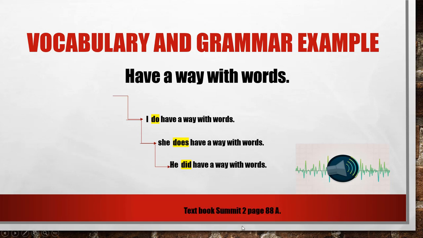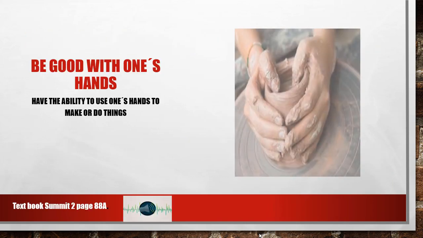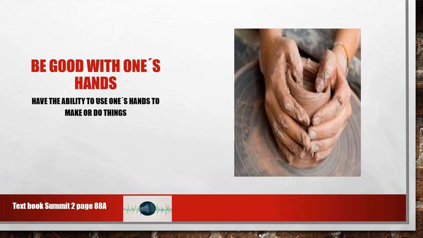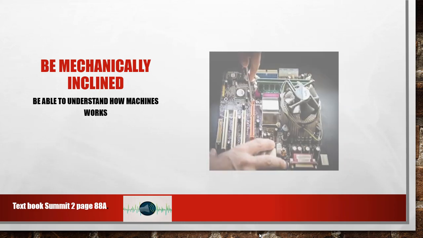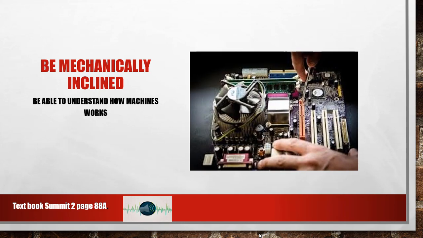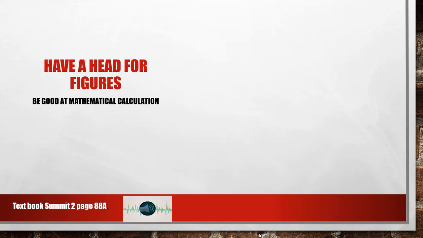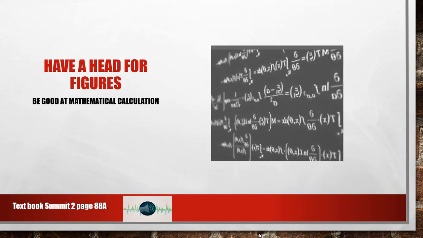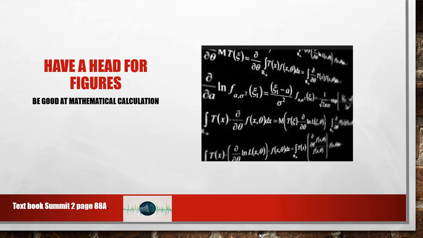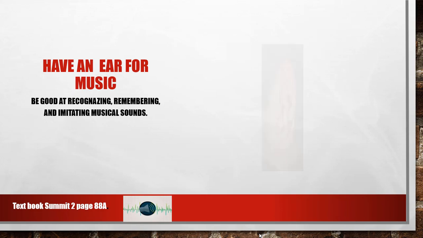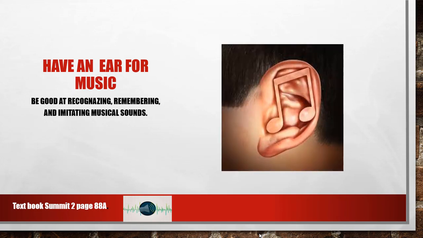Now we are going to listen to the vocabulary that you have. We are going to use the audio of your book, so you have time right now to open your textbook, Summit 2, page number 88, part A. Be good with one's hands. Be mechanically inclined. Have a head for figures. Have an ear for music.